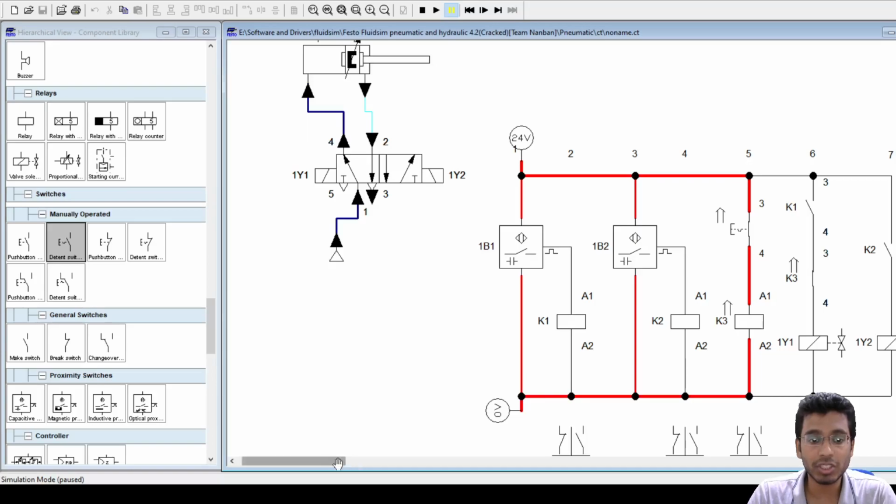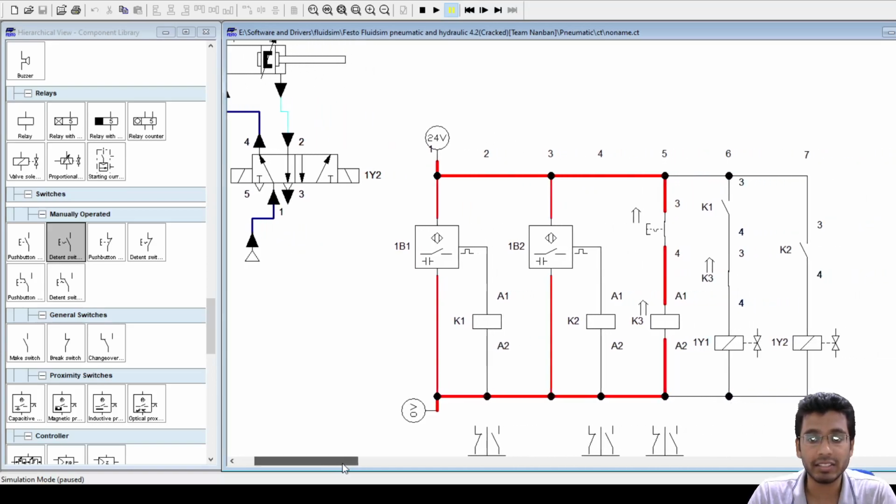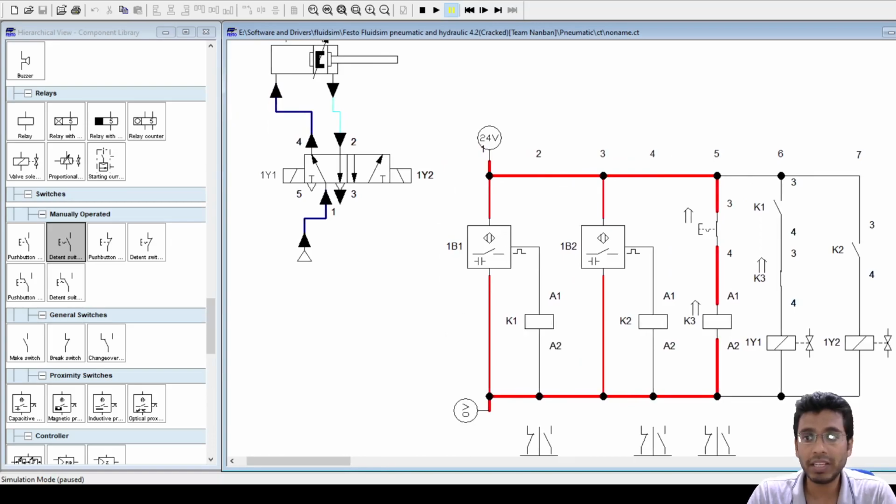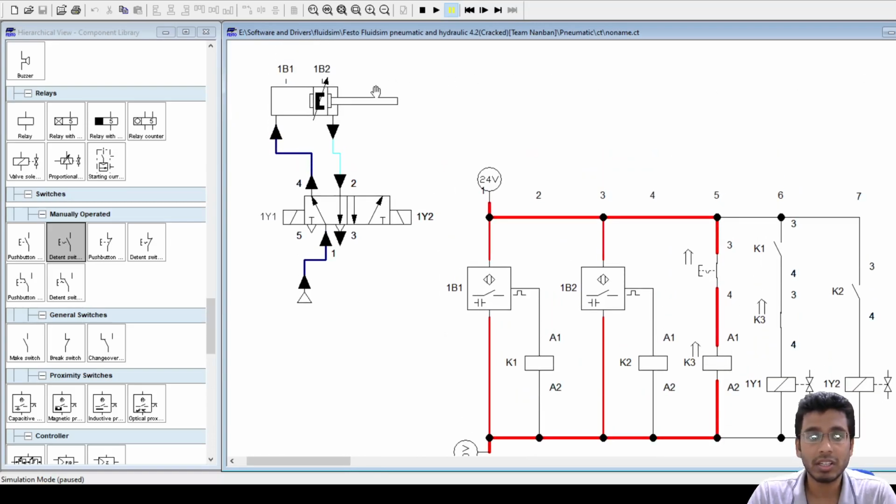Now see, the moment the cylinder has extended, what has happened? Your 1B1, which was sensing your completely retracted position, now the cylinder is no more in proximity of your 1B1. That means now this sensor has no output signal. Now the cylinder has extended.